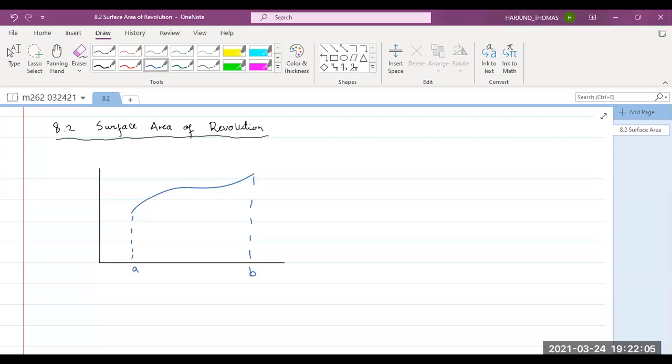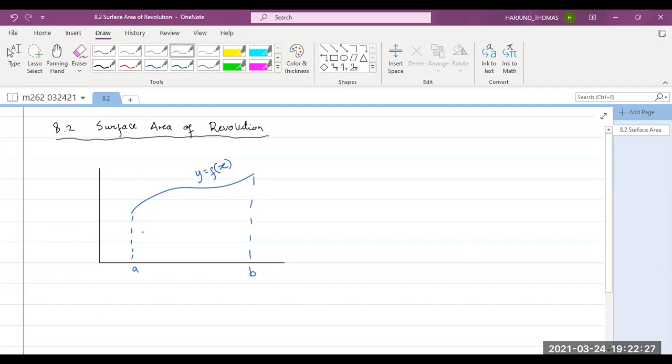Suppose we want to deal with surface area of revolution, section 8.2, and we have a curve from A to B. Let's say this is y equals f(x). We want to revolve this around the x-axis.